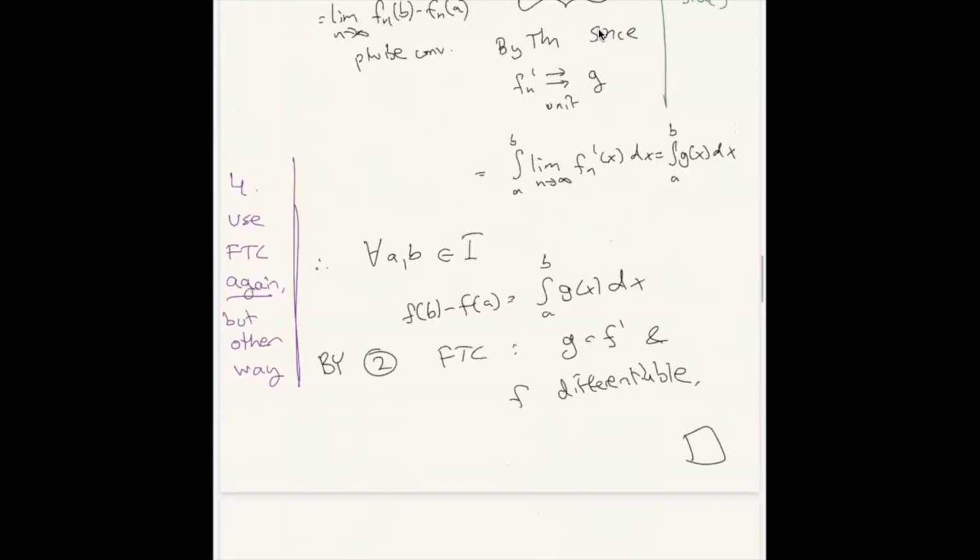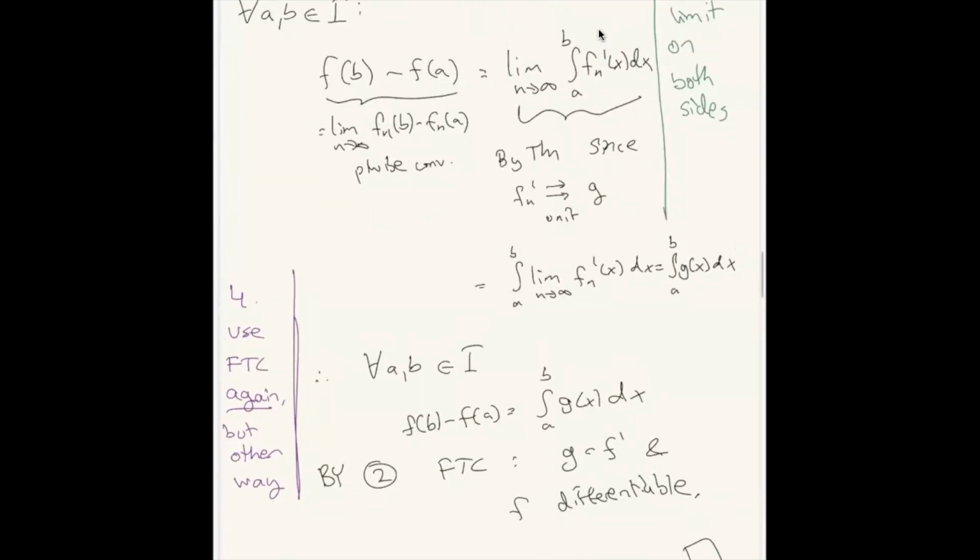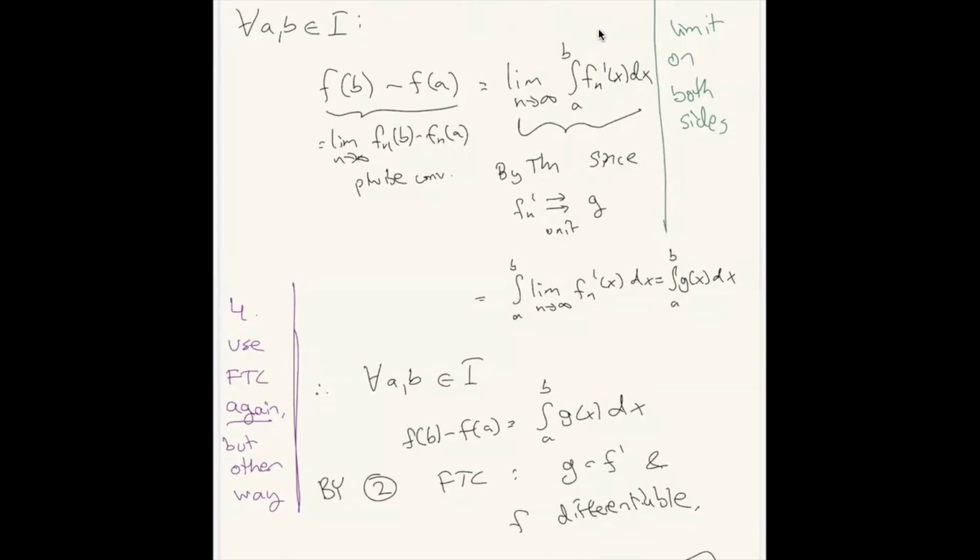Okay, so this is the main way. Now, before one more remark, this way of analyzing derivatives via integrals and using the fundamental theorem of calculus is actually very important. The reason is that derivatives behave kind of poorly under limits.